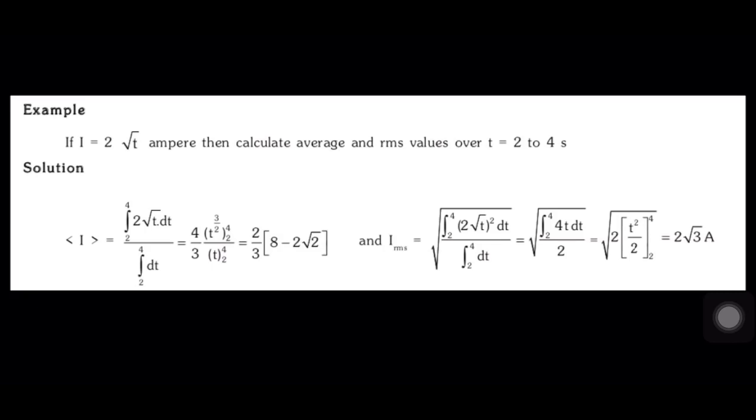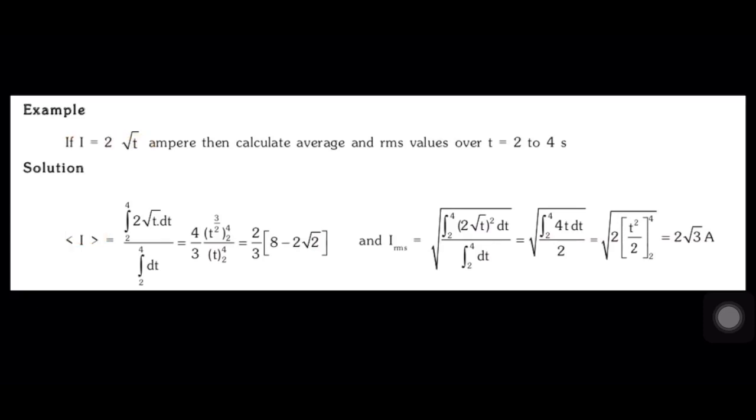So there are different terminologies like average current, RMS current, instantaneous current, right? Here you can exactly see the average and RMS values they are asking. So once they ask the average and RMS values, what we have to do is, over here you can see current I is equal to, we are integrating. Why are we integrating? Because the current is given as a function of time.